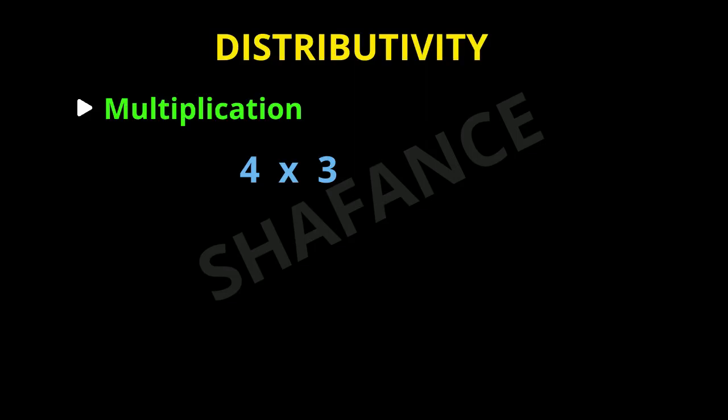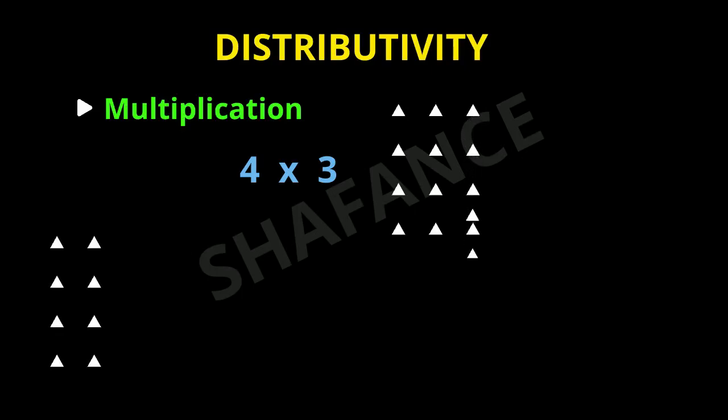So now we will see how it gets distributed. In the diagram we have 12 stars. The 4 stars are getting repeated 3 number of times. Now how we can distribute it is, we can take 8 stars separately and we can take 4 stars separately.